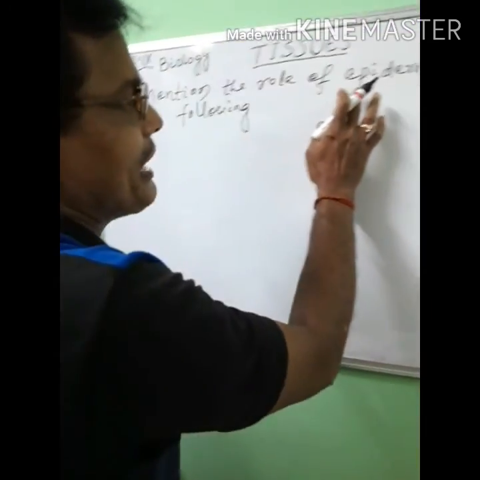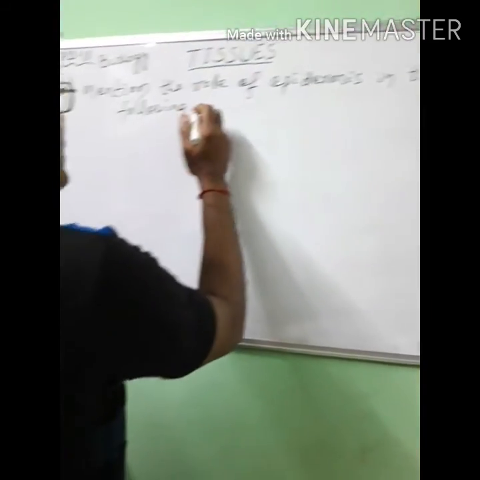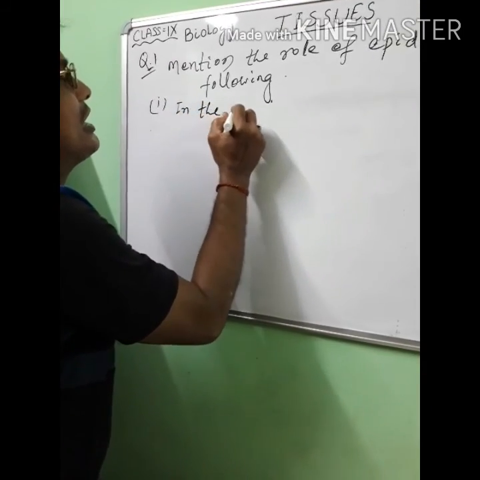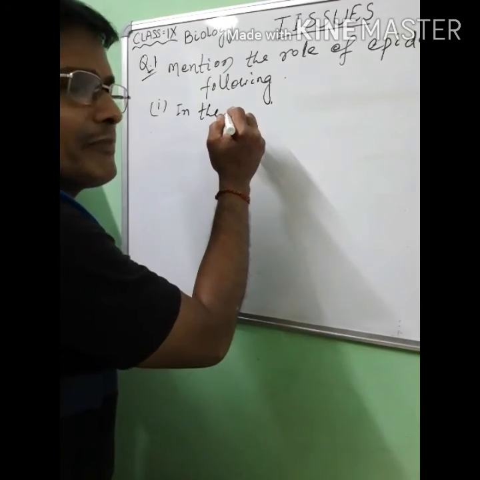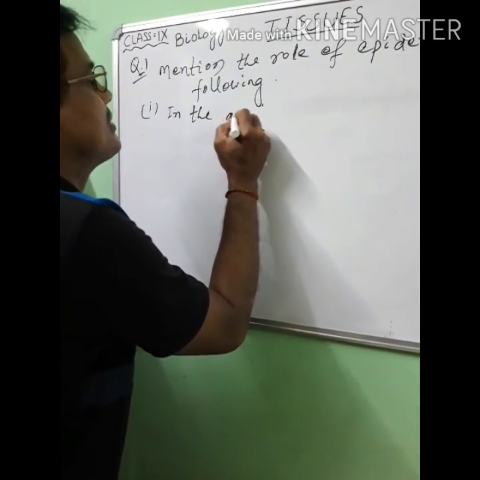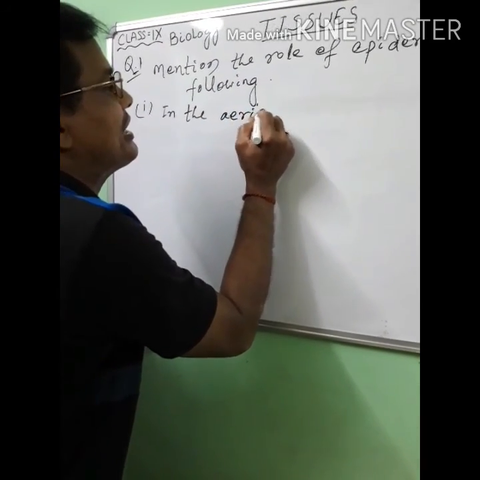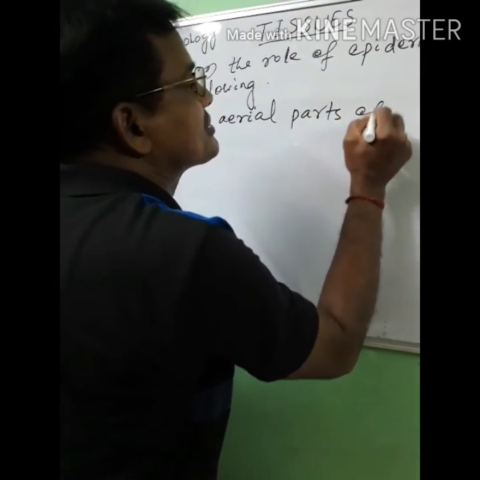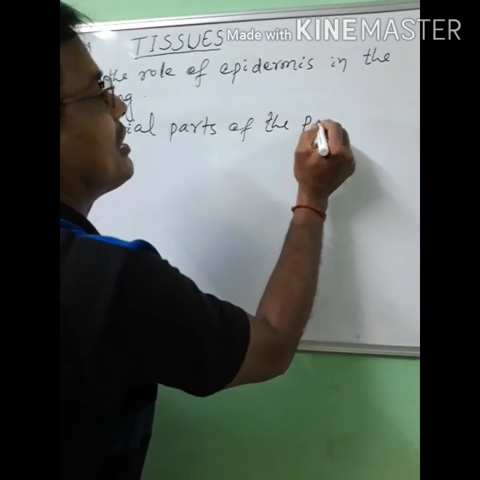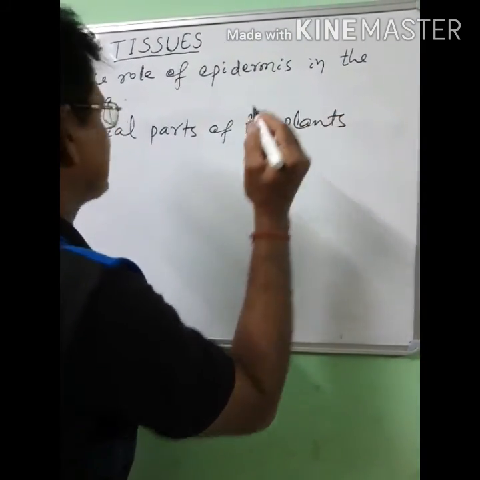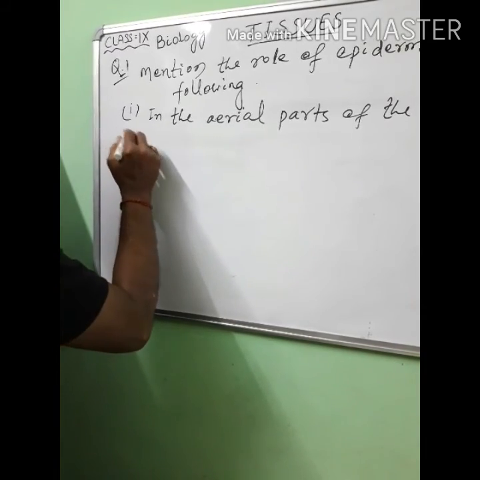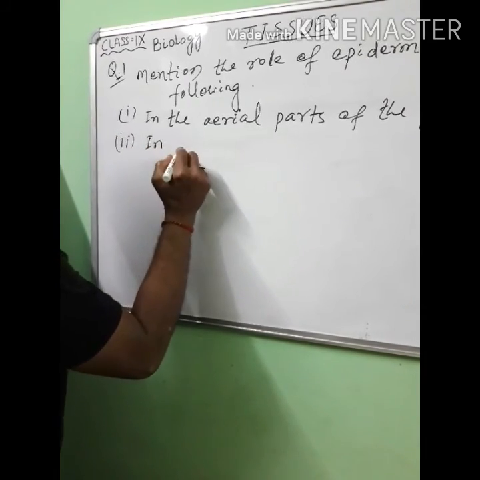Mention the role of epidermis in the following. First one is in the aerial parts of the plants. Second one is in leaves.